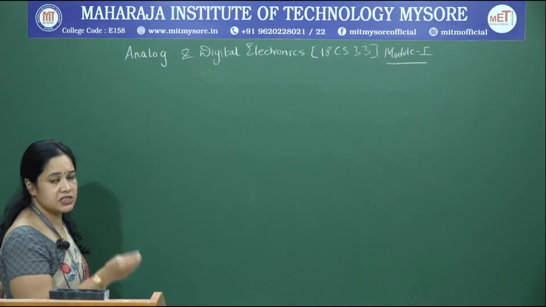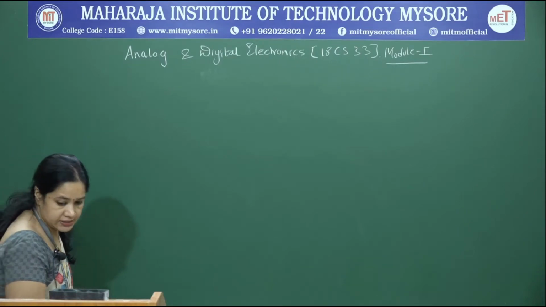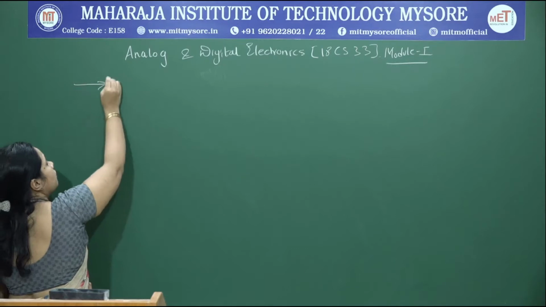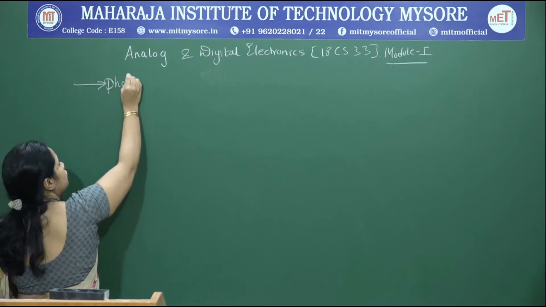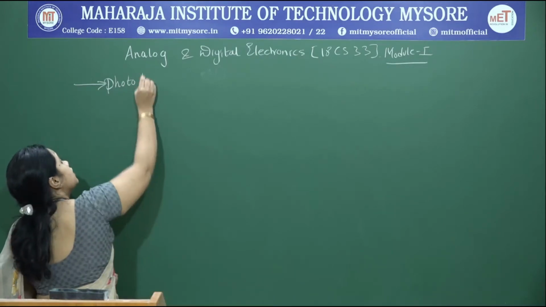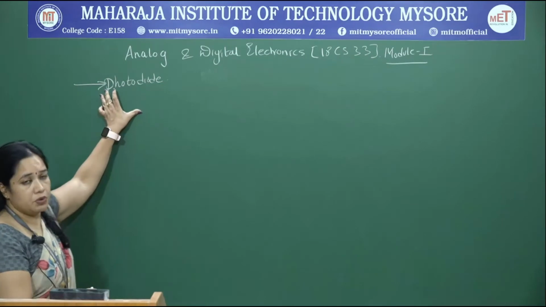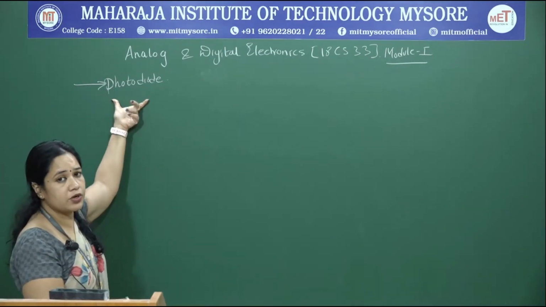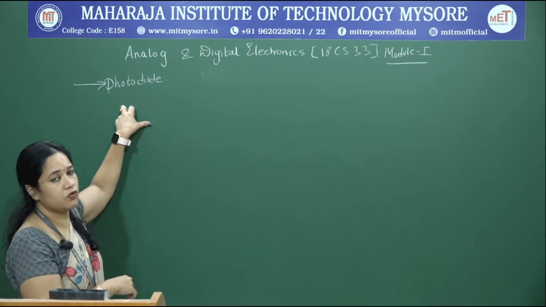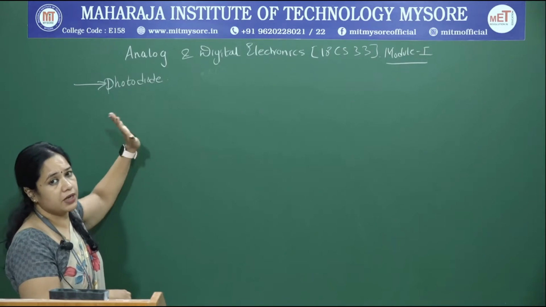The very first chapter you will be looking into is optoelectronic devices, which includes the photodiode. We will see what a photodiode is, its constructional details, and how a photodiode operates along with its applications.